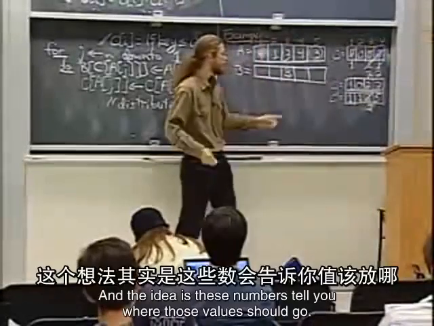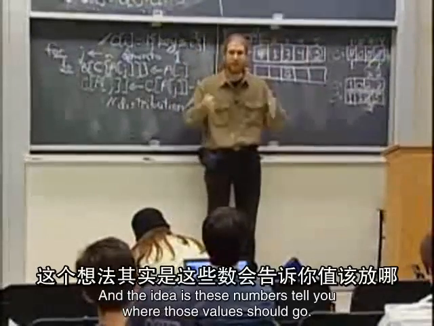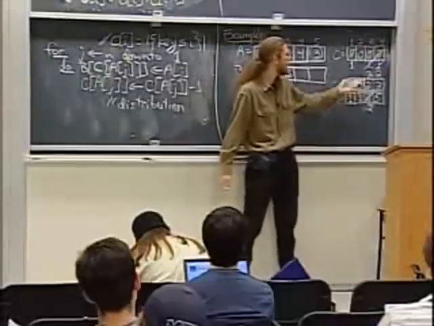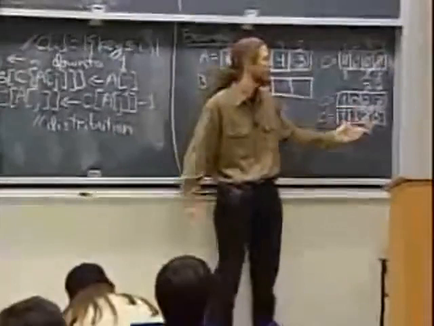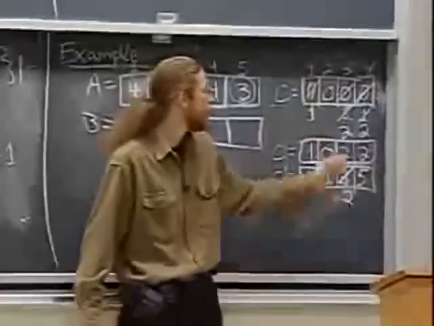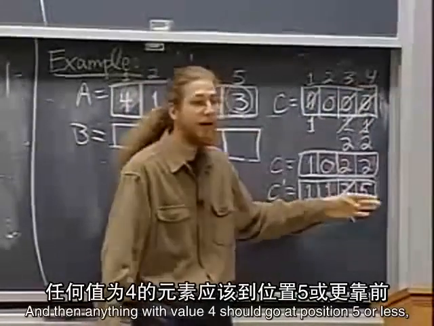And the idea is these numbers tell you where those values should go. Anything of value 1 should go at position 1. Anything with value 3 should go at position 3 or less. So this is going to be the last place that a 3 should go. And anything with value 4 should go at position 5 or less.